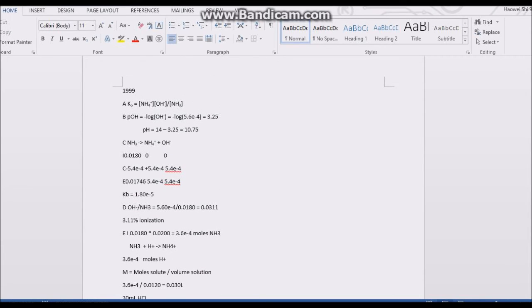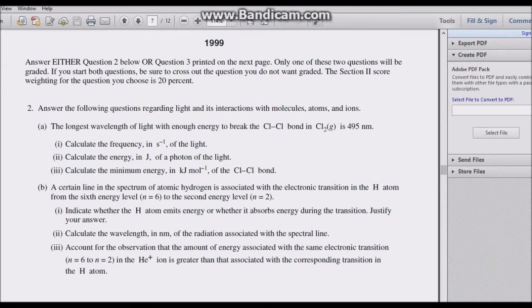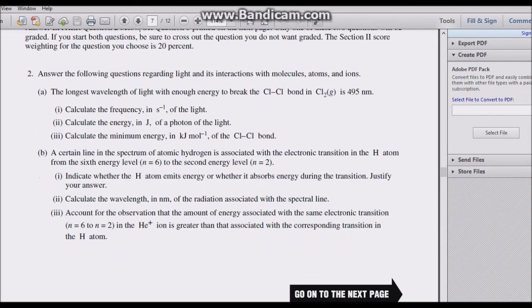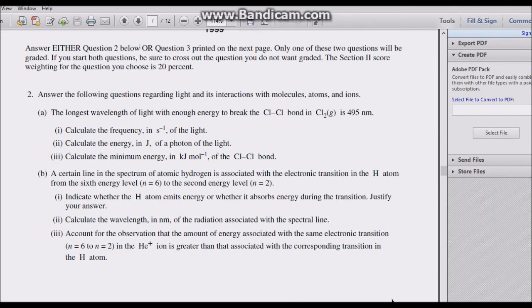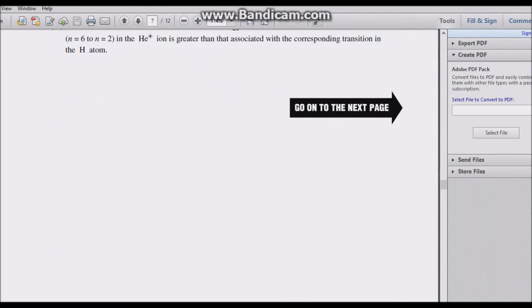So I'm going to continue on with part 2. Okay, this is question 2 of 1999. Sometimes on the AP questions, they ask you to answer either question 2 or question 3. So they ask you to choose a question. Question 2 is an electron chemistry type question.